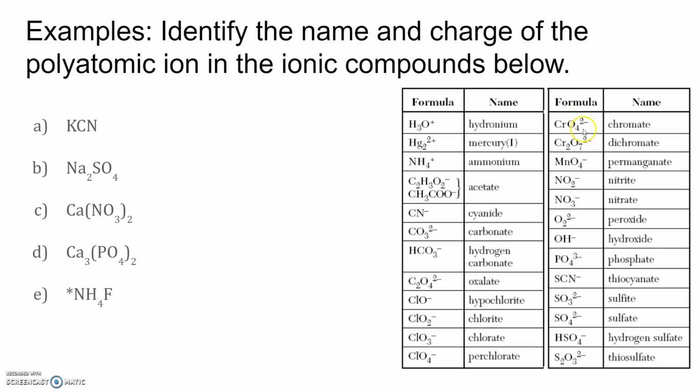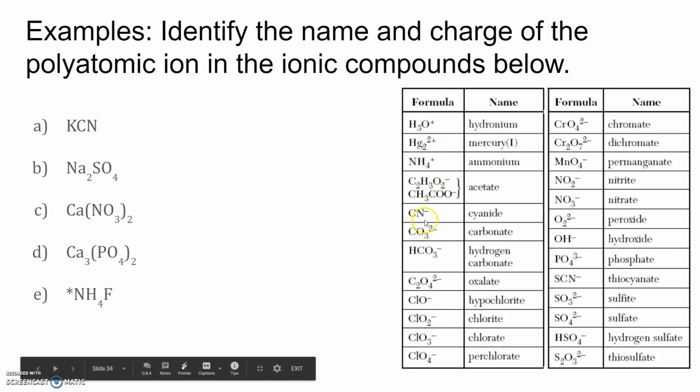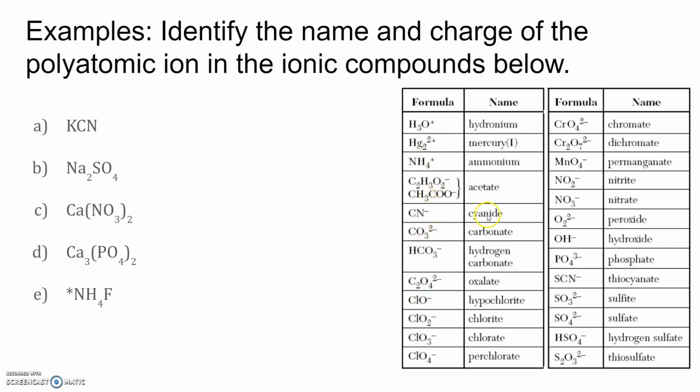Once you've identified your polyatomic, then you want to see if you can find it here in this table. So first you look on the formula side to find the formula. Then once you've found the formula, you look over to the right to identify the name, and then the charge of that polyatomic will be on the upper right. So you can pause the video now, and then when you press play again, the answers will be revealed.